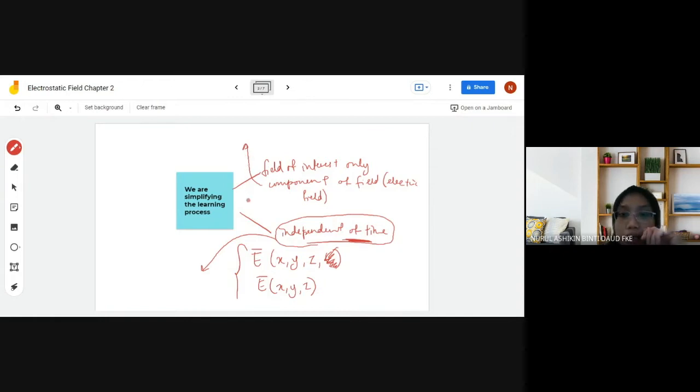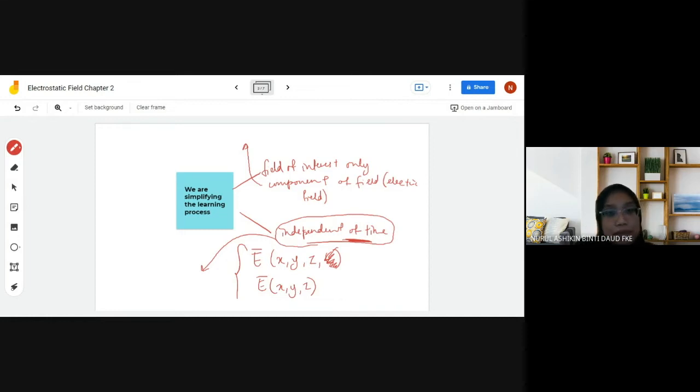We will learn the combination of electric field and magnetic field at the end of the course, but we are still considering that the term is independent of time. We always say that it is independent of time, where we are neglecting the time. So these are the learning process.